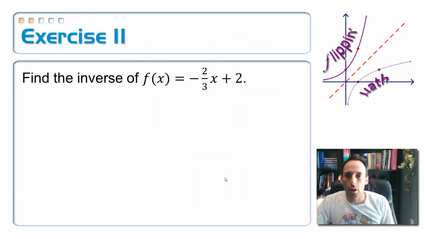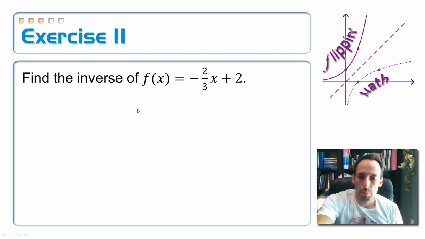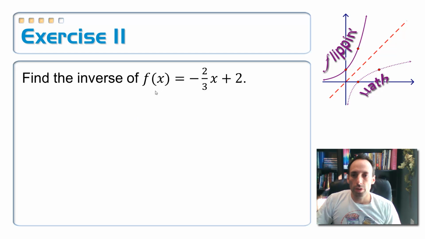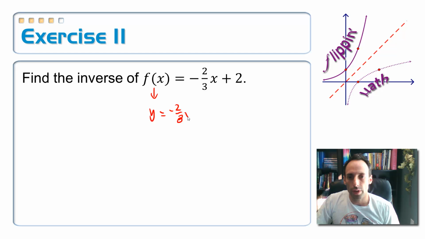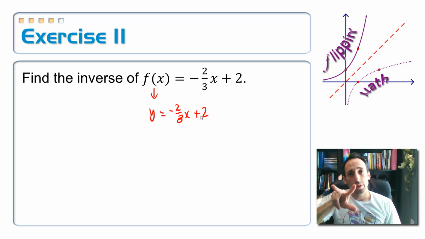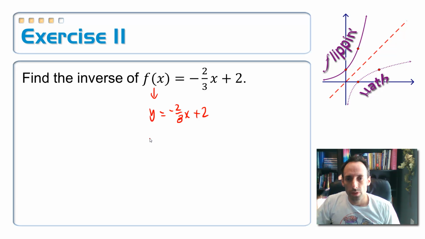Find the inverse of f of x equals negative 2/3 x plus 2. So step 1, I'm going to make this y equals negative 2/3 x plus 2. What do inverses do? They switch the x and the y. So x is equal to negative 2/3 y plus 2.